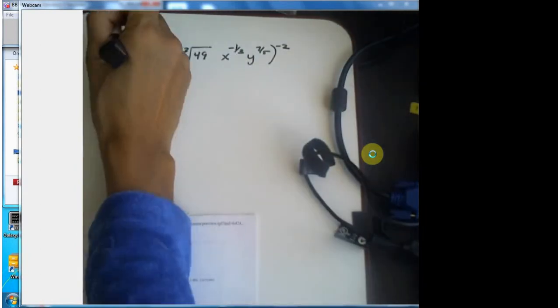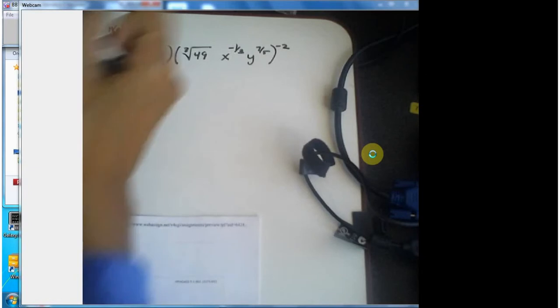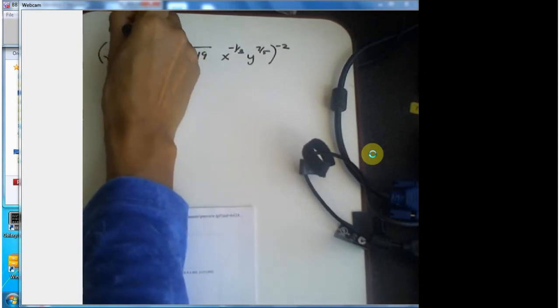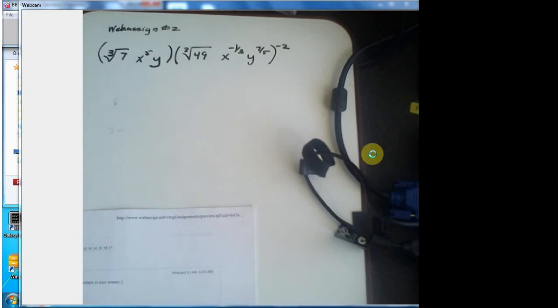So this is WebAssign problem number 2. And they want you to simplify this.